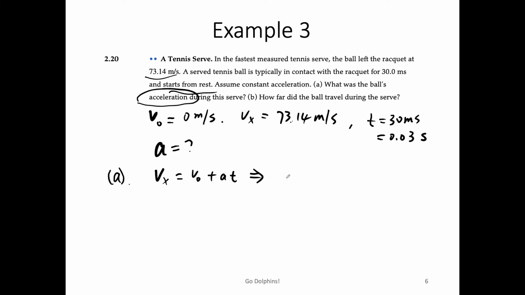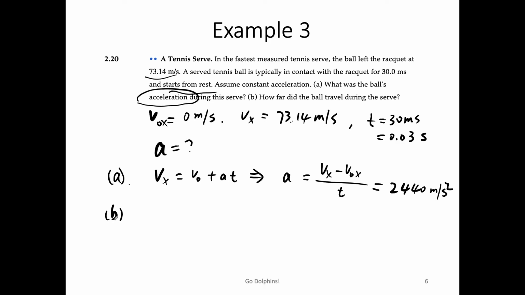Then you solve for your a: final velocity subtract the initial velocity, divide by the time. Plug in all the numbers, and you find the acceleration is a large number.